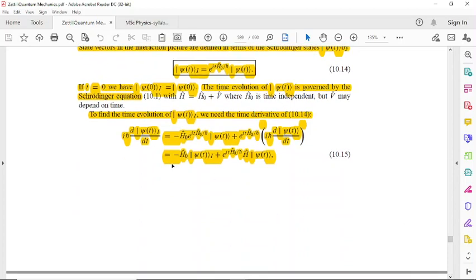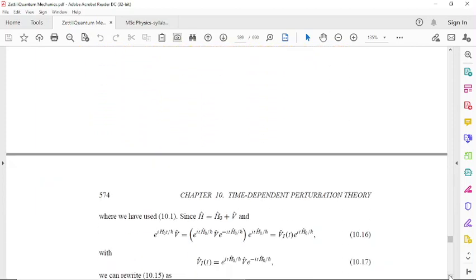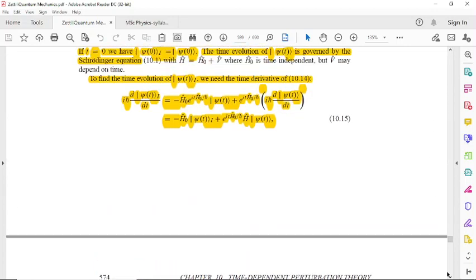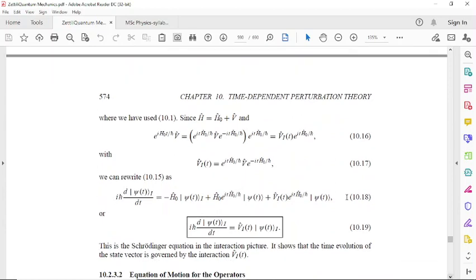It is equal to minus H0 ket psi of t in the interaction picture plus e power i t H0 by h cross H ket psi of t, where we have used, now we consider H is equal to H0 plus V, that is, H0 is independent of time t, and V depends on time.